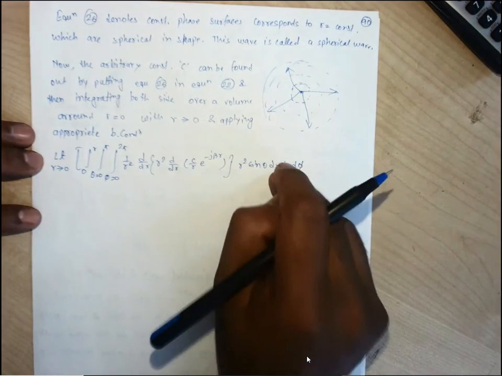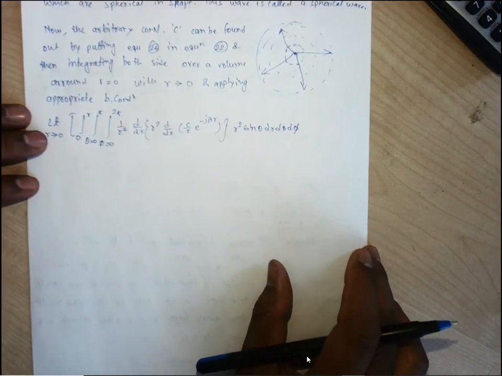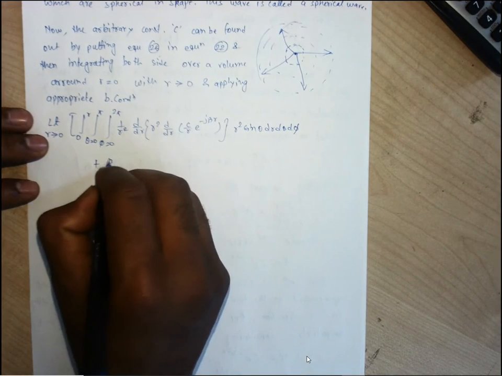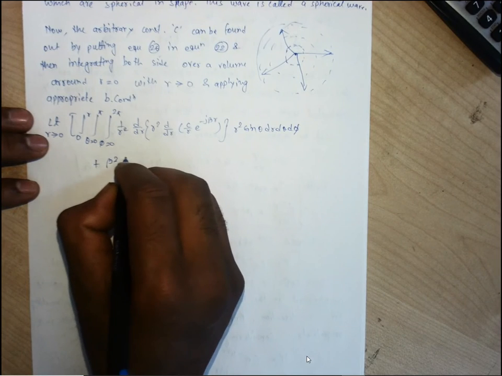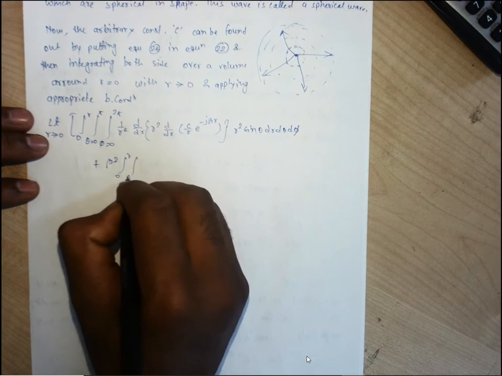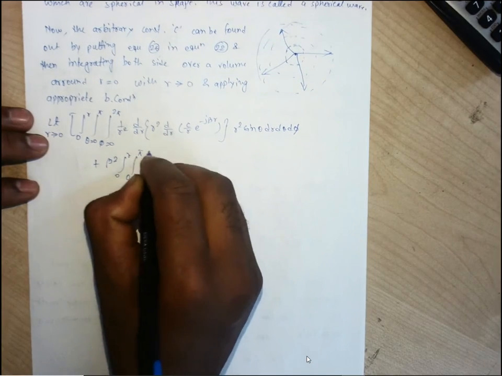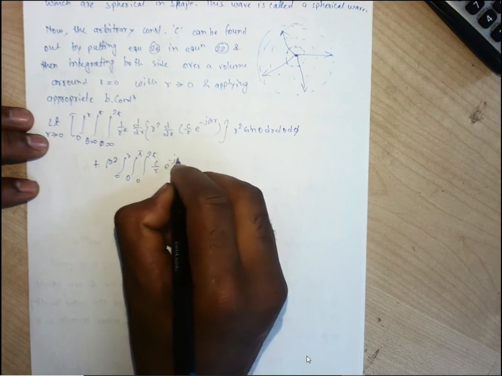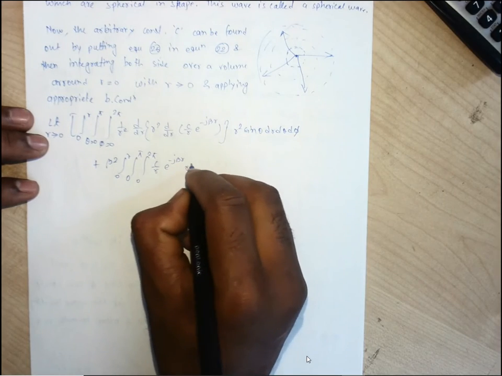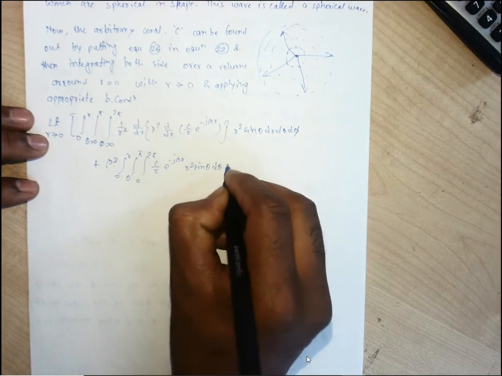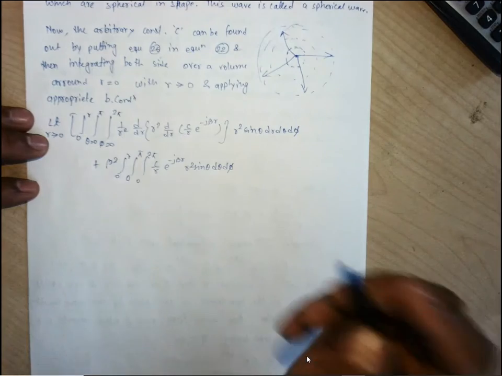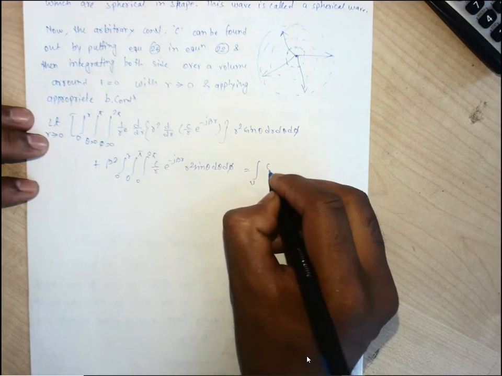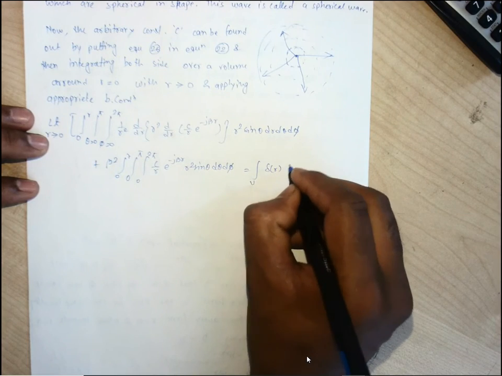It is the differential volume in the 3D space, plus beta squared g, integration 0 to r, 0 to pi, 0 to 2 pi, C by r e to the power minus j beta r squared sin theta dr d theta d phi, is equal to the volume integration of del r dr.